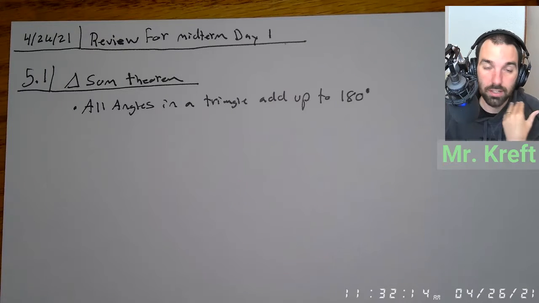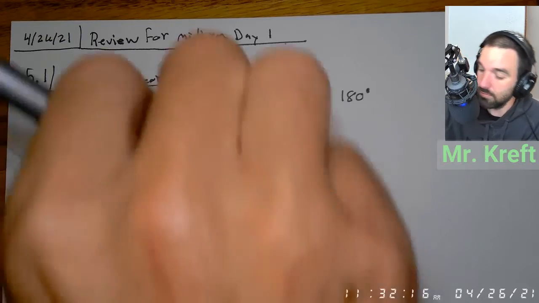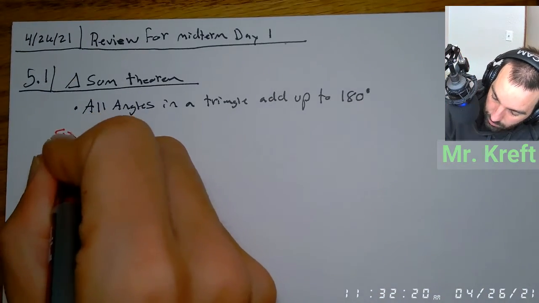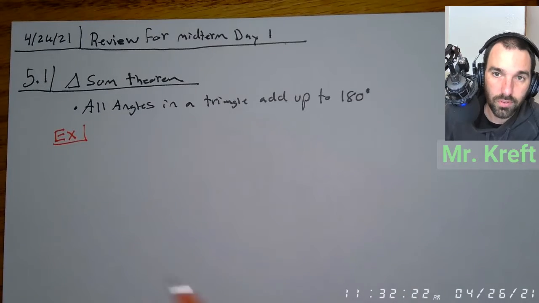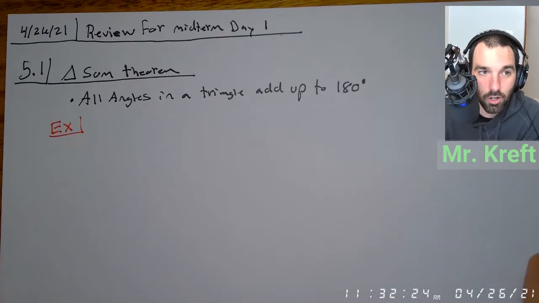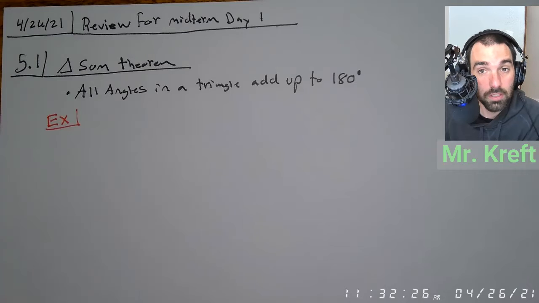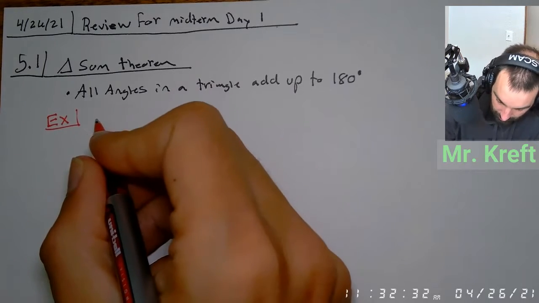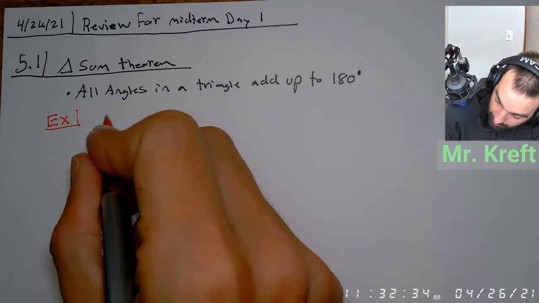So all angles in a triangle add up to 180. You guys have seen examples of this throughout all the work we've been doing. If you guys have been doing the homework, which hopefully you are, remember that's 80% of your grade, then we've been doing a lot of examples of that.